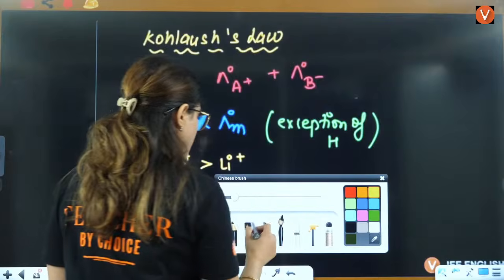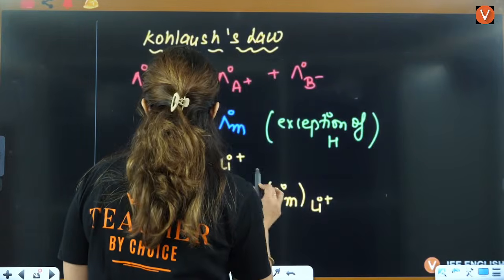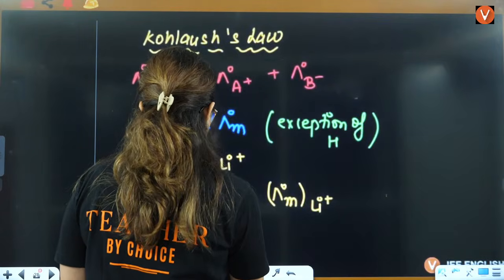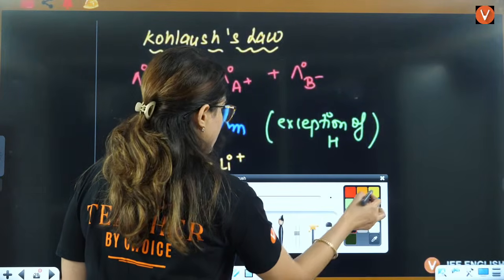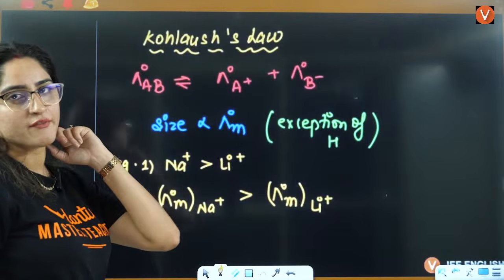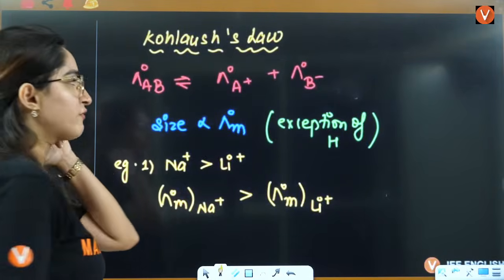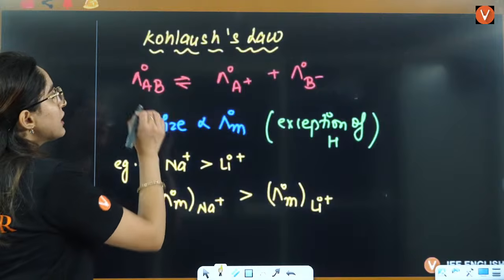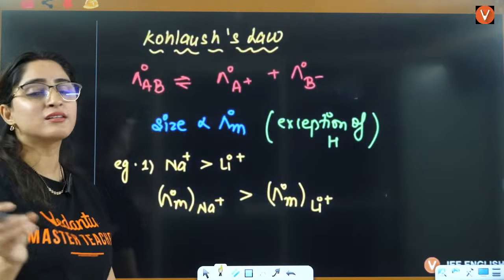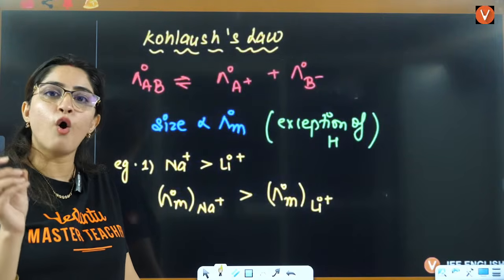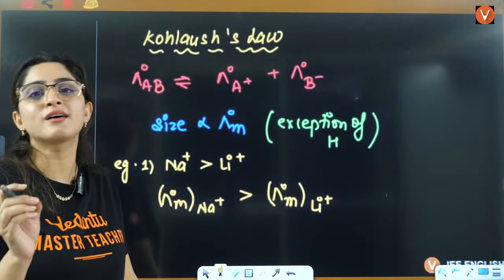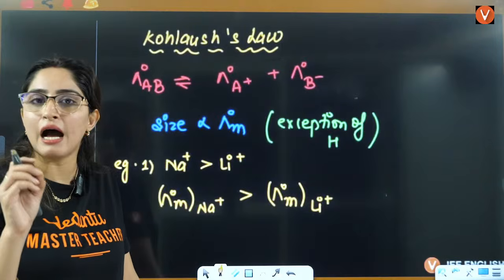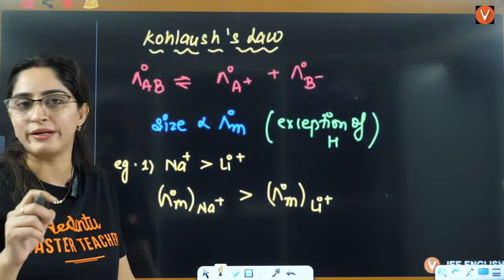Always remember this; from here they have asked a question in 2025. Here, it says that the molar conductivity at infinite dilution for any compound is equal to the molar conductivity of the individual ions multiplied by their stoichiometries.